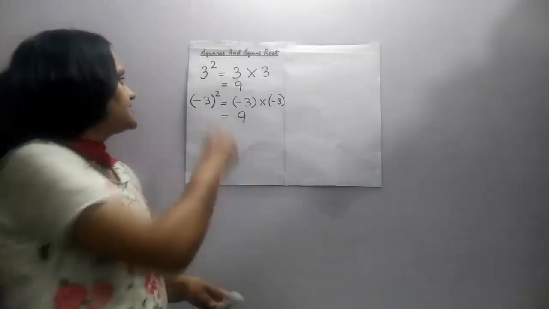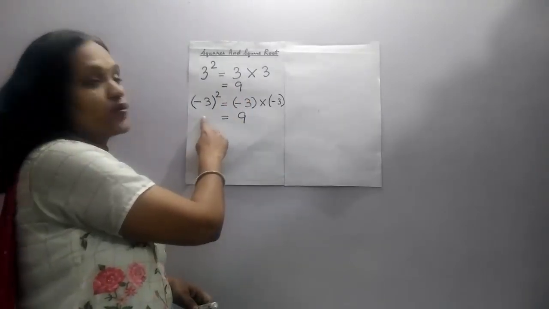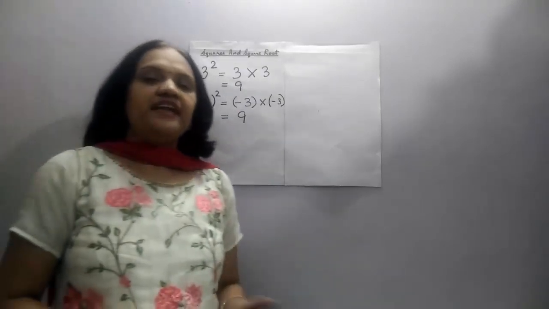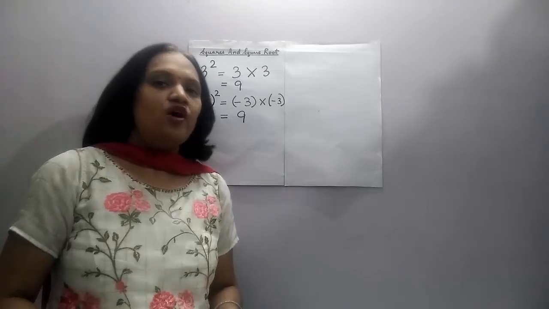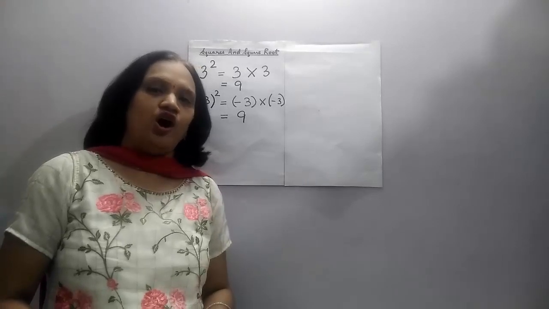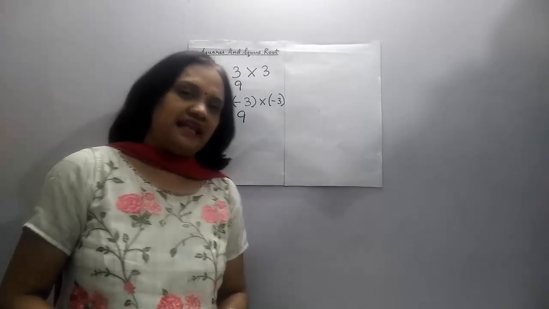We realize that 3 square is 9, minus 3 square is also 9. Now what can you say about a square? Square of a number is the result obtained on multiplying a number by itself.